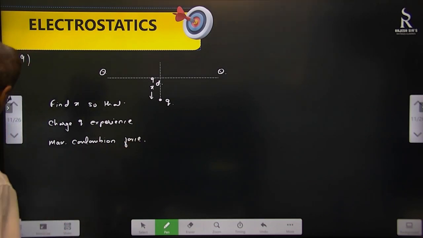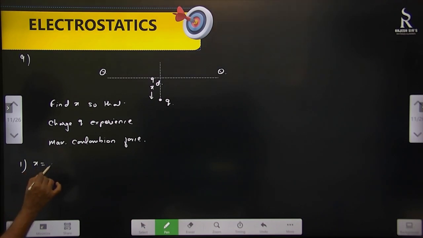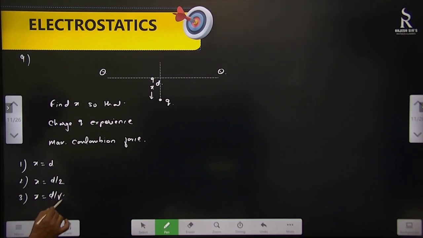Obviously options are there. First option, X equal to D. Second option, X equal to D by 2. Third option, X equal to D by root 2. And fourth option is X equal to D by 2 root. This is the question given to us.